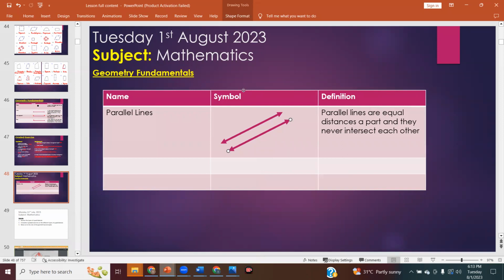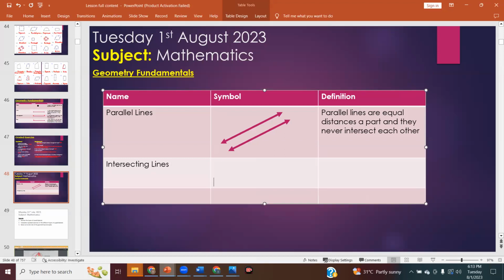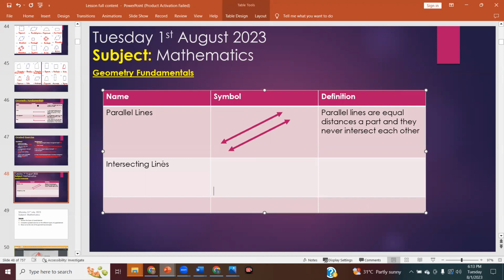The next one we have is perpendicular lines.